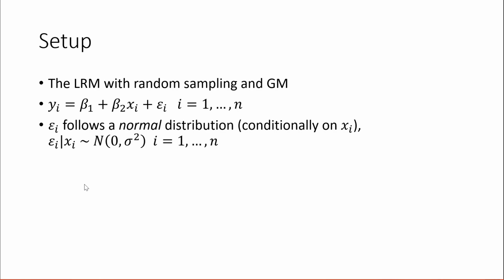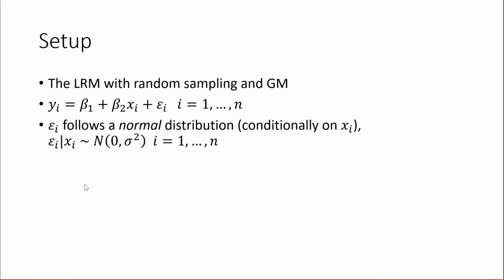It will actually work pretty well even if the errors are not normal, as long as n is not too small. So a confidence interval for an unknown parameter such as beta 2 is an interval, and we hope that this interval will actually contain the true parameter beta 2.